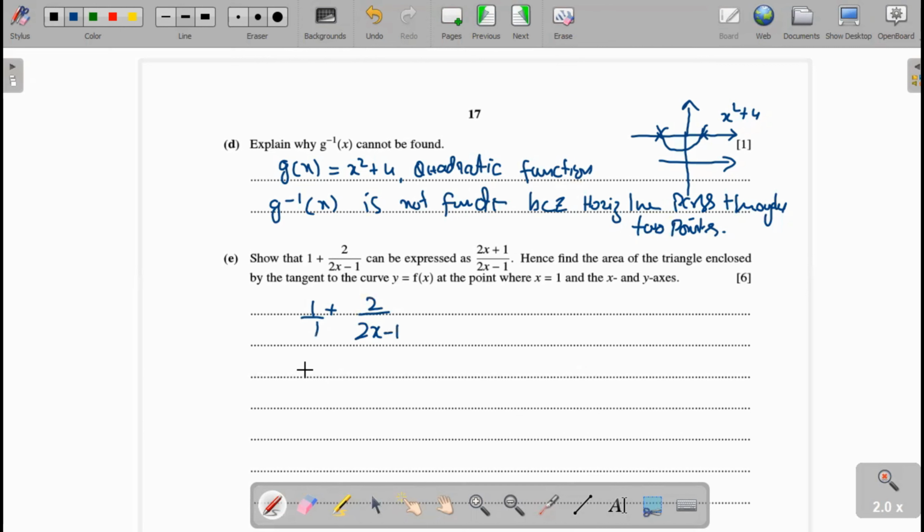Now we can write it, taking the LCM, 2x minus 1 is the LCM. Now 1 times 2x minus 1 plus 2 over 2x minus 1. We get 2x minus 1 plus 2, that is 2x plus 1 over 2x minus 1.